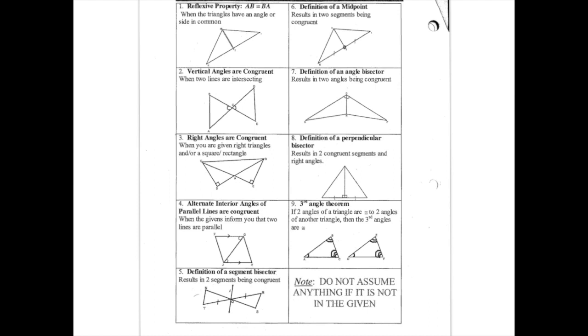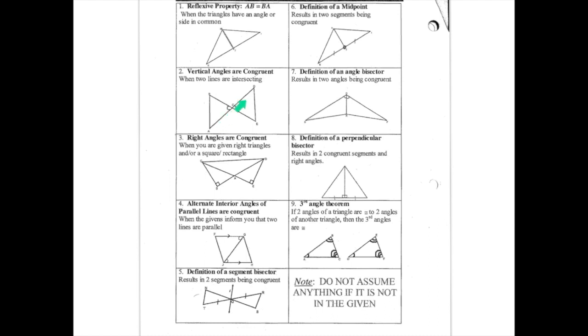Like in this picture, we have 2 triangles, and we have to state that side AB is congruent to side BA. It's the same side, but it's part of both triangles. So you do have to say that they're congruent to each other, and the reason is reflexive property. Next, one we've talked about quite a bit, I think, is vertical angles.